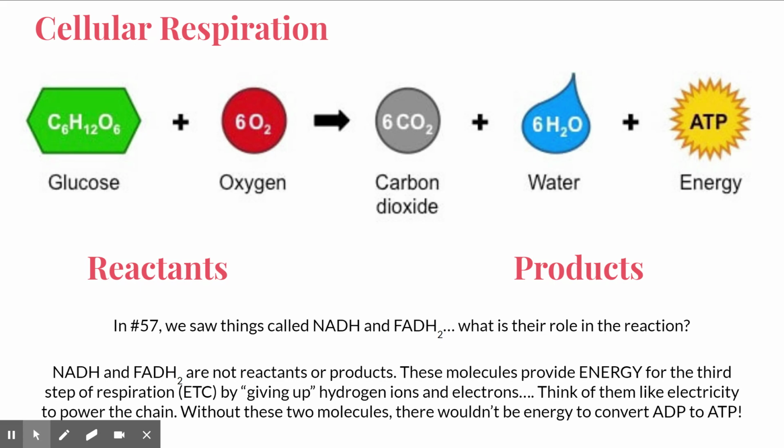Without the energy from these two molecules, there would not be the energy that's needed to convert ADP to ATP. So even though we don't see those two molecules in the reaction, they're still important because they provide the energy that's needed for step 3. That explains why they are made in steps 1 and 2.